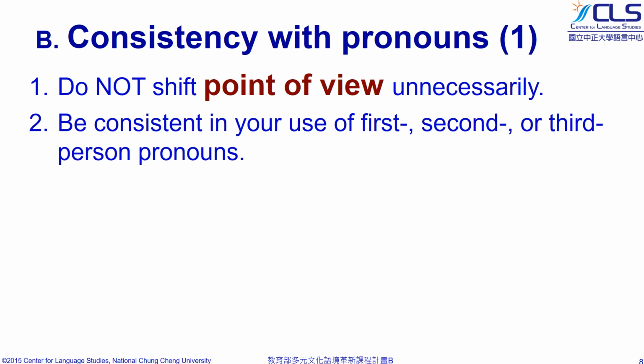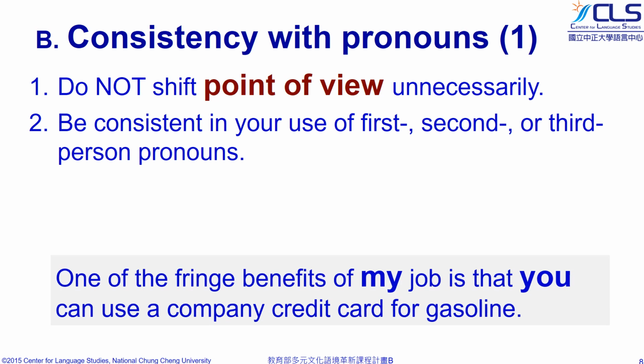Besides the consistency with verbs, consistency with pronouns should also be noticed. We should keep the person pronouns consistent to make readers know who we are talking or writing about. For example, "One of the fringe benefits of my job is that you can use a company credit card for gasoline."